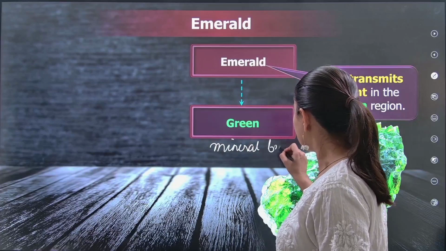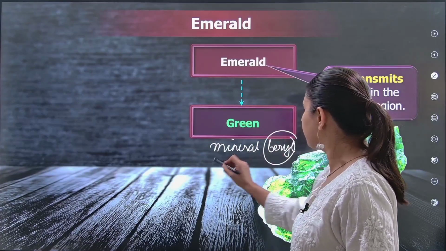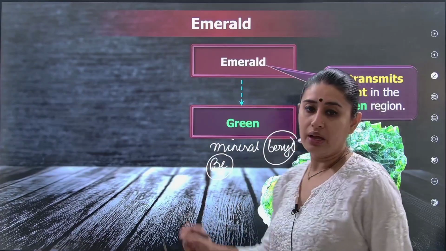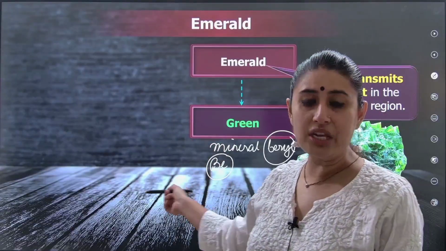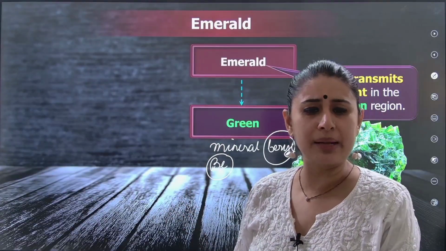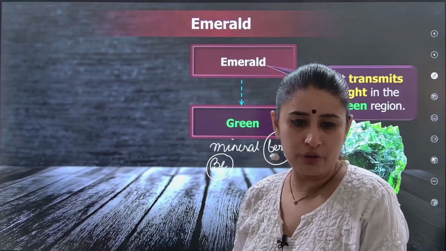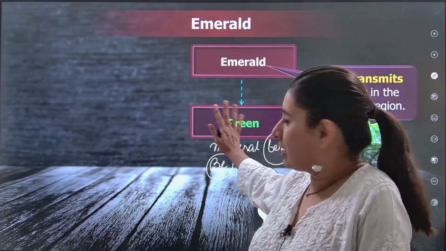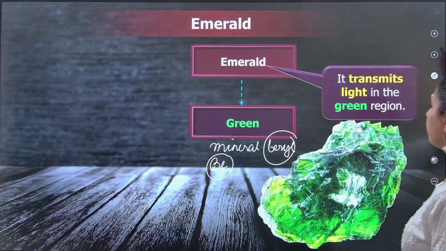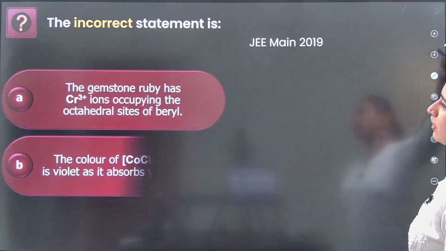Wherever you see the term beryl, that means there is beryllium involved here. So beryllium, aluminium, and also silicates are there. Some trace amounts of chromium is also there, which is responsible for the color. So this is another question which is possible. It transmits light in green color. That's why you see the color.